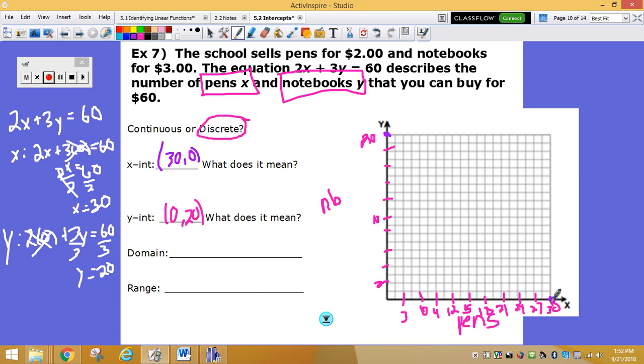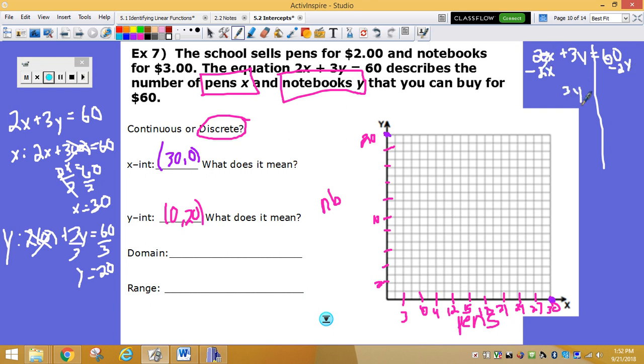So there's a couple ways you can do this. I think the easiest way is to solve it for y and let my calculator do the rest. So to solve for y, this is the very first lesson y'all had. You want to move your 2x. I'm going to minus 2x on both sides.